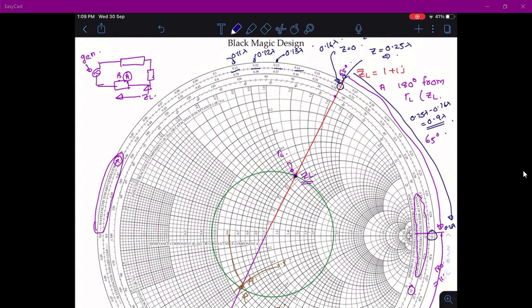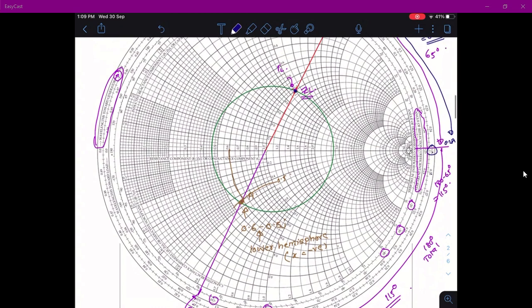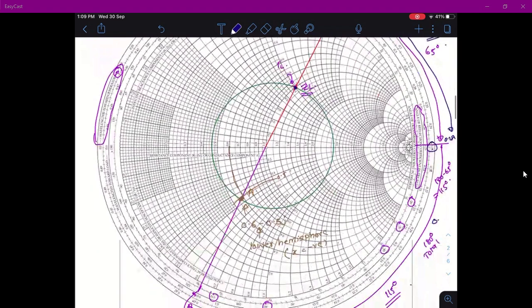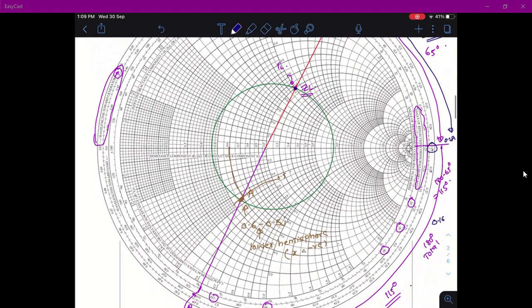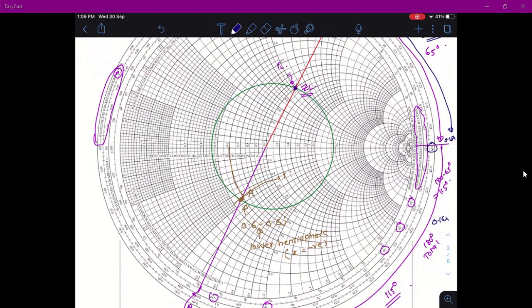But you want to go for 0.25 lambda, that means you want to go again 0.16 lambda to reach there.